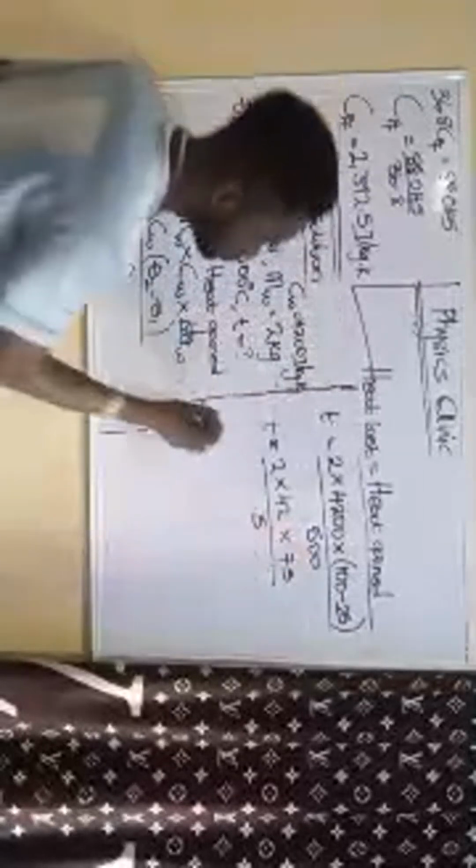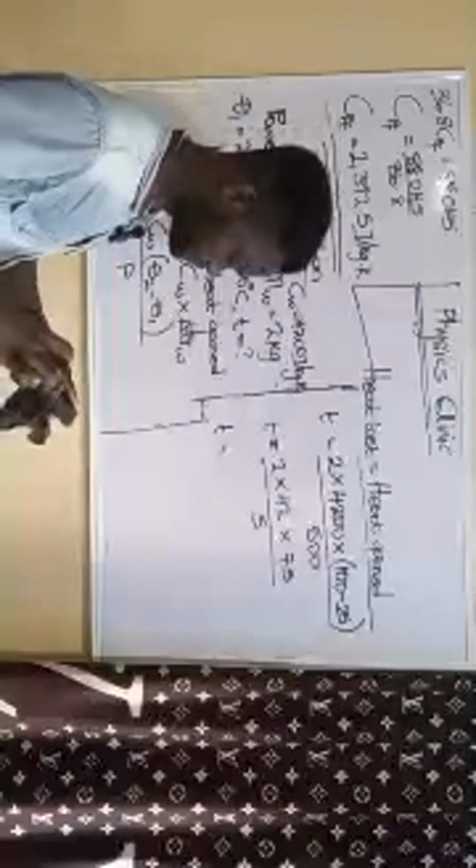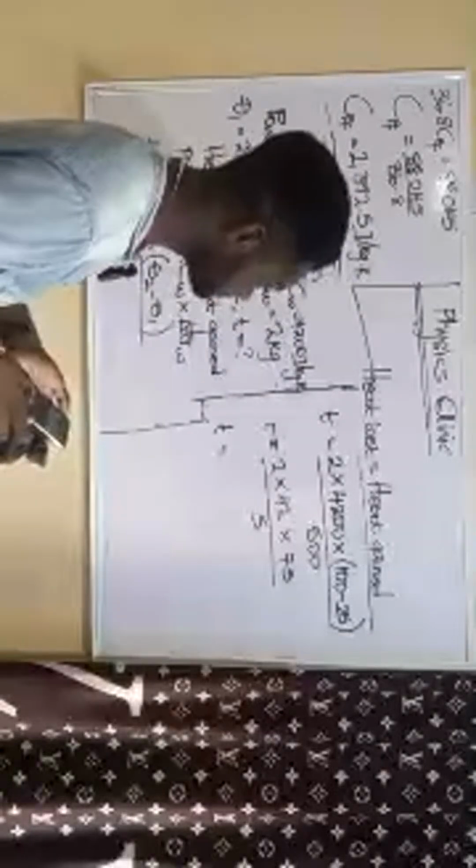Okay, so we proceed. Time t would therefore be equal to 2 times 42, that will be 84. So we have 84 times 75. That is 6,300. 6,300 divided by 5. So the total time through which the heater supplied the heat will be given to us as 6,300 divided by 5.